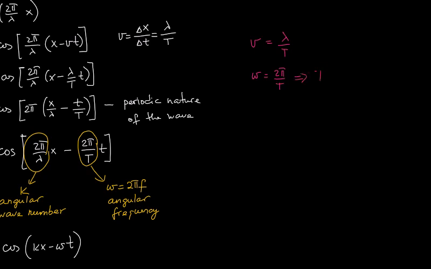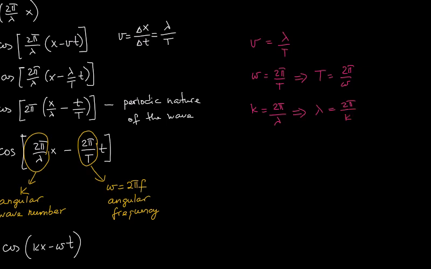From here it follows that the period should equal 2 pi over omega. On the other hand, I have k that equals 2 pi over lambda, and from here it follows that lambda equals 2 pi over k.